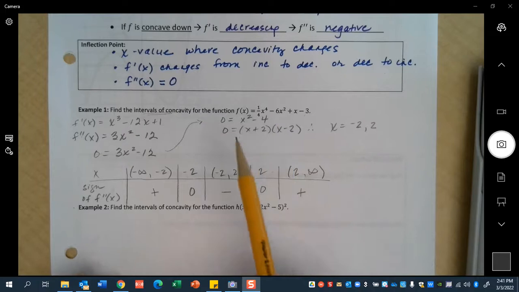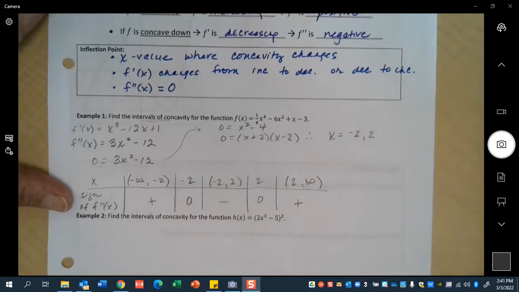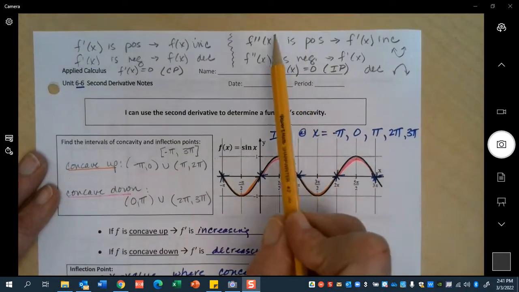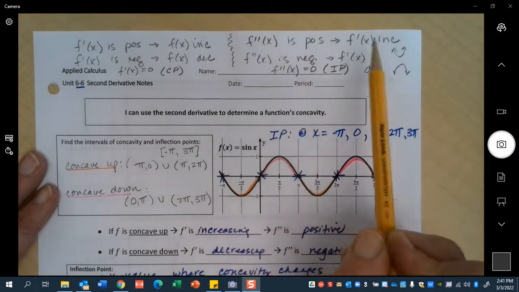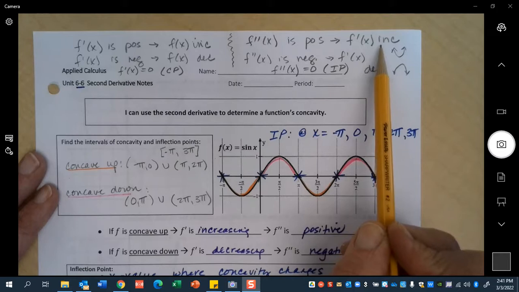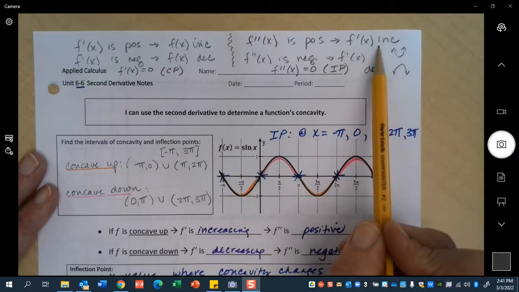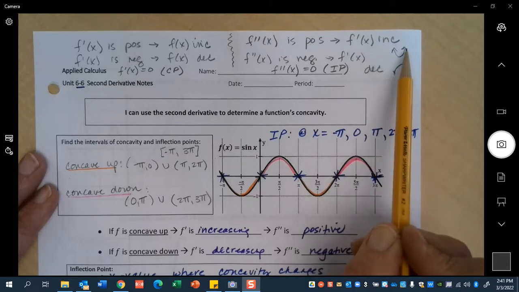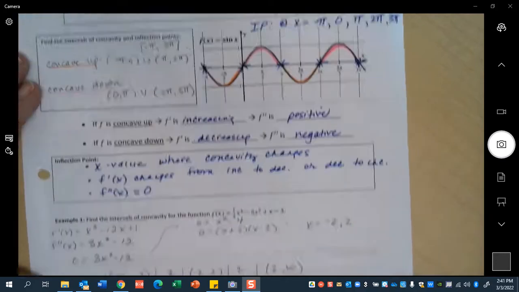So therefore, come back up here, the sign of my second derivative is positive. That means that my derivative is getting bigger and bigger and bigger, which means that I have a concave up range.